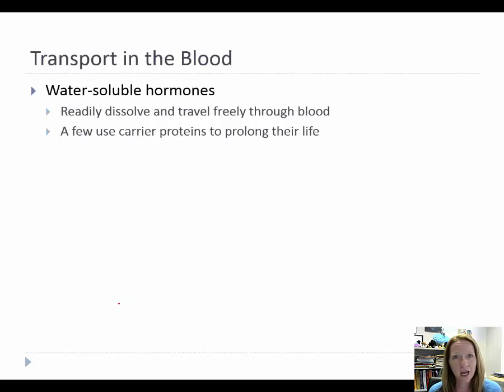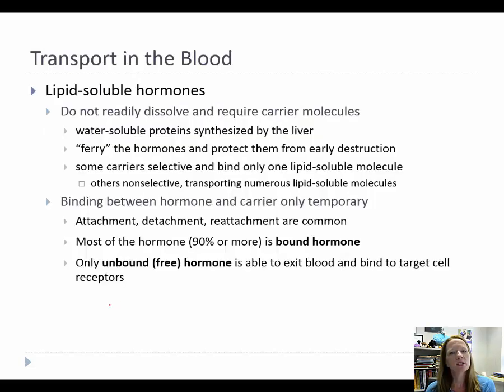Now let's talk about lipid-soluble hormones and look at this whole carrier protein thing a little bit more. Because they are lipid-soluble, remember one of the characteristics is they're hydrophobic, and most of the blood is water. So they are pretty much scared of what they are going to be transported around in. So they are going to attach to a carrier molecule.